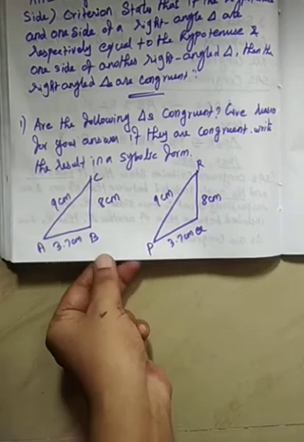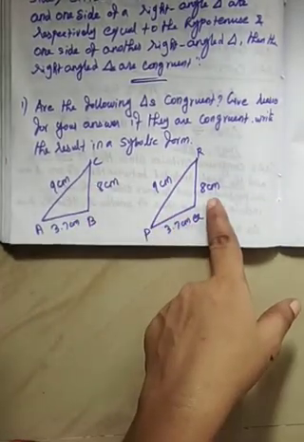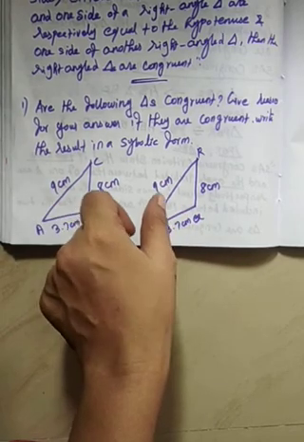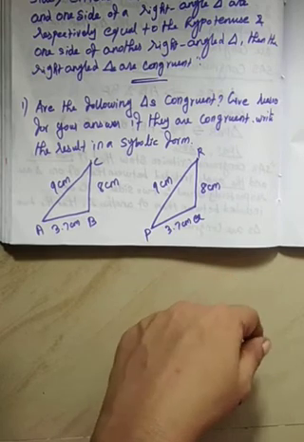See, here the two triangles are congruent by the side criterion.